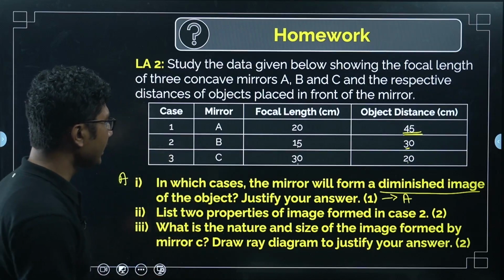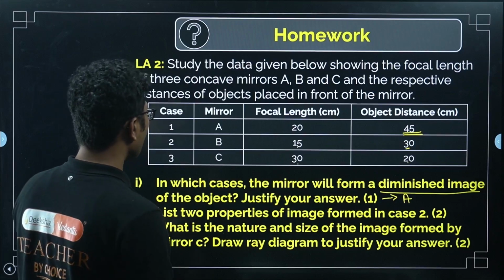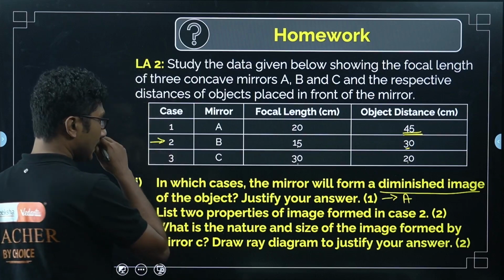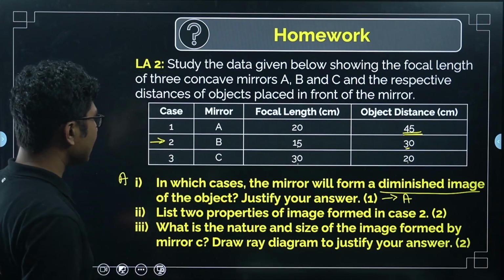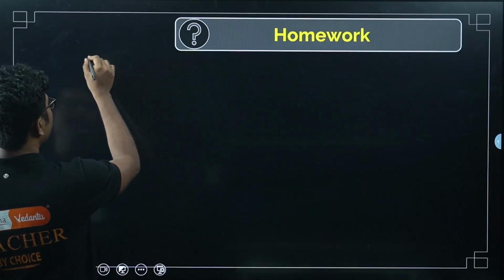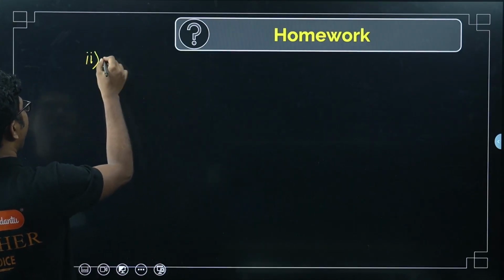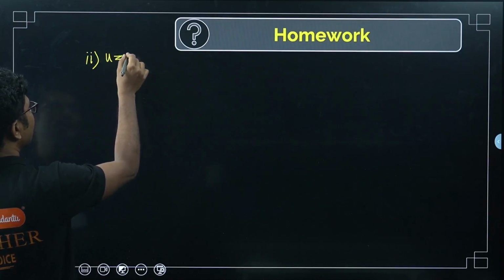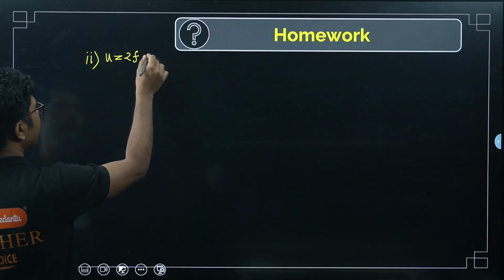List 2 properties of image formed in case 2. So what are the properties of the image formed in case number 2? We know that in case 2 object distance is equals to 2f, right, or equals to r.